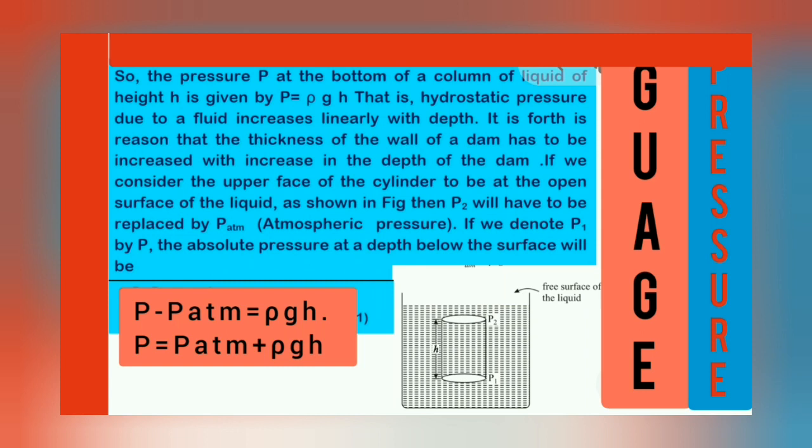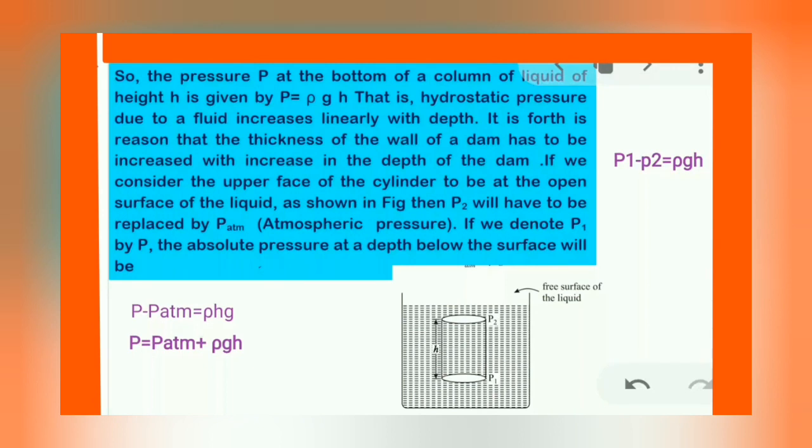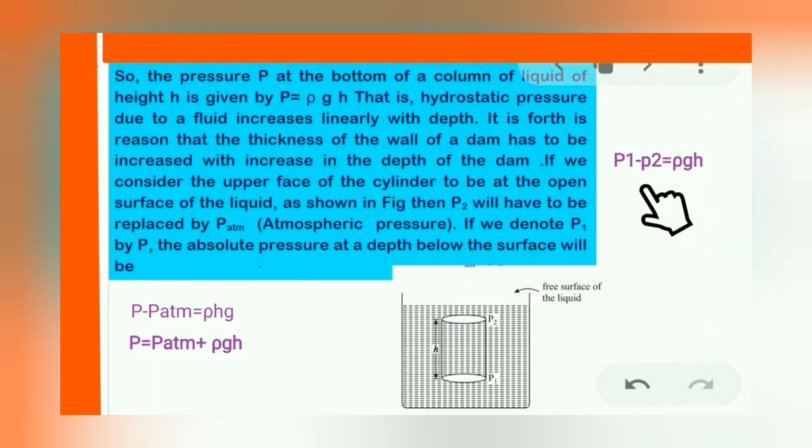Consider this cylinder, the top surface is on the liquid surface. That means it is exposed to the atmosphere. That means the pressure P2 is nearly equal to P atmosphere. And the pressure at the bottom side, P1, we will take as P. Now we can replace the previous equation with P minus P atmosphere is equal to rho g h.